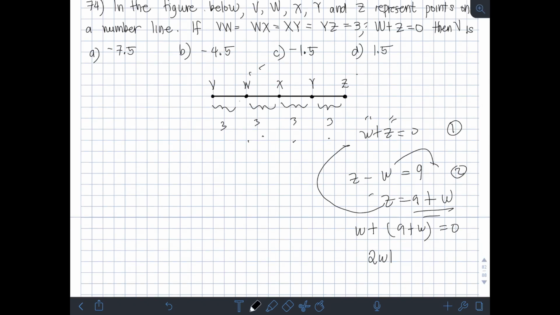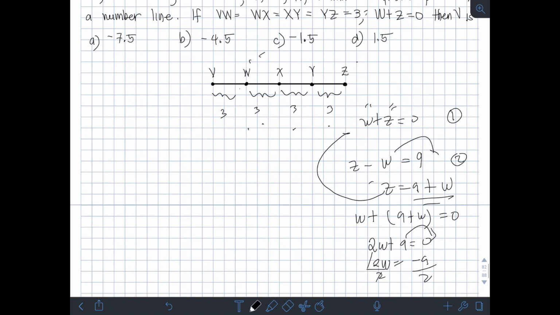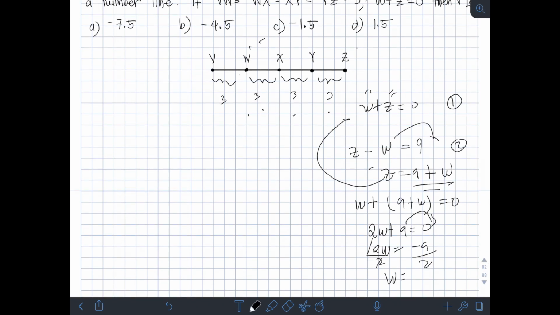So, 2W plus 9 is equal to 0. 2W is equal to, transpose si 9, negative 9. Divide both sides by 2. We have W is equal to negative 9 over 2, or in decimal, negative 4.5. Okay? So, therefore, W is negative 4.5.